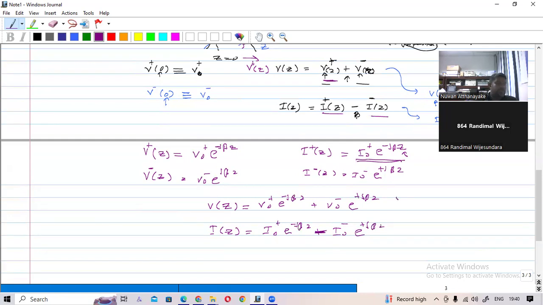So these equations are very important. Try to remember this one.